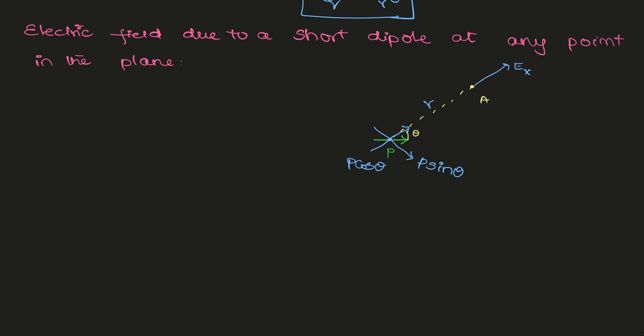If I assume that as along the x-axis, Ex will be 2 Kp cos theta by R cube, as it's an axial point. And for P sin theta, it is an equatorial point, so let it be Ey, which will be equal to Kp sin theta by R cube.